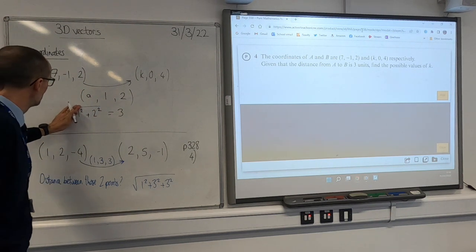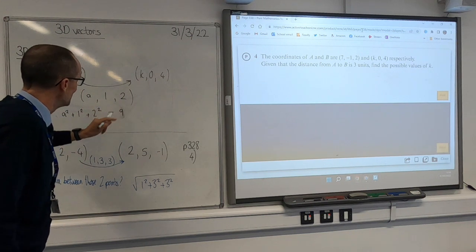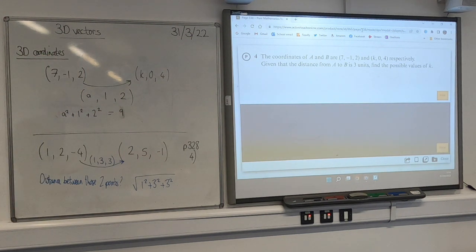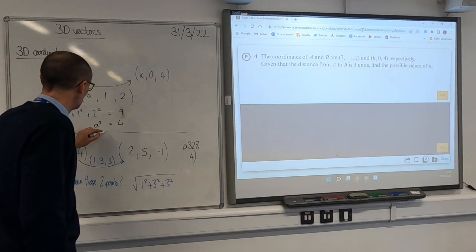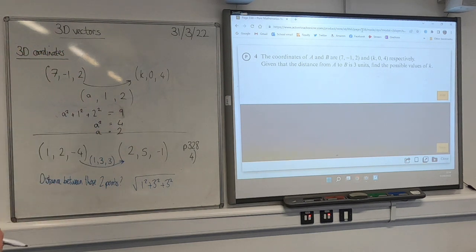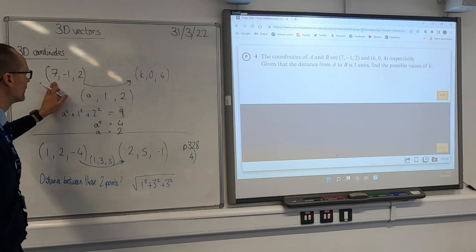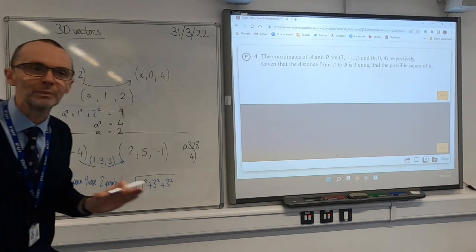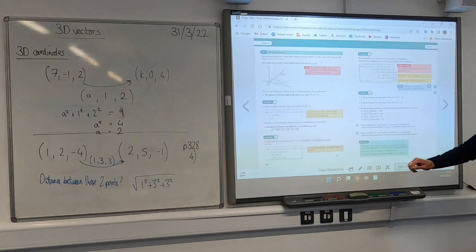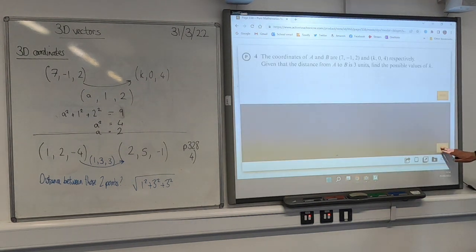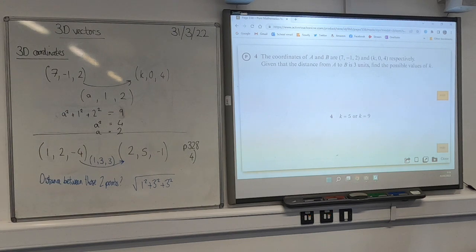So that means that that is 9. And so a squared is going to take away 5, 4. So a is 2. So that means there's a difference of 2 between 7 and that value there. So it could be 5, it could be 9. There we go.